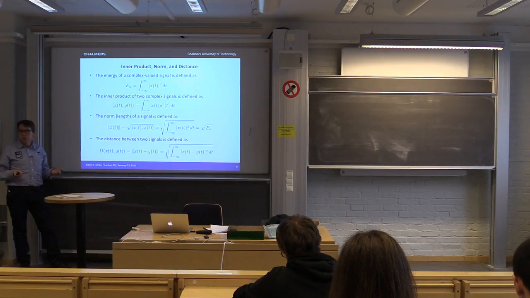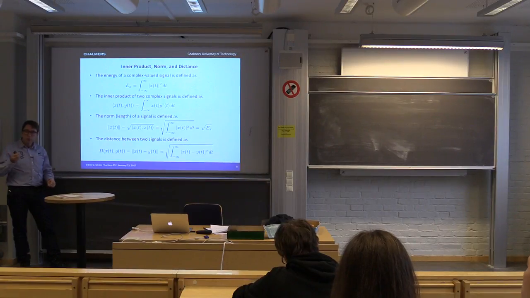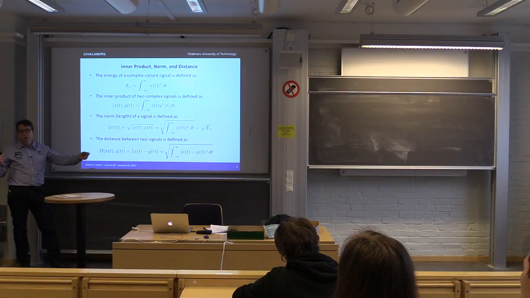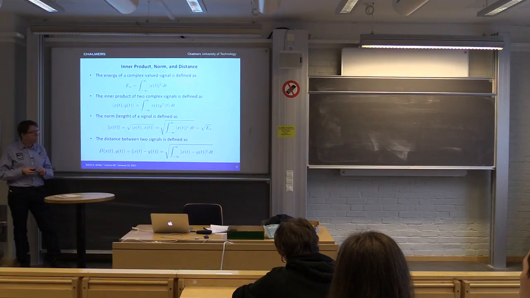It depends on its energy, and the energy depends on the amplitude but also on the duration. A signal with large energy could have high amplitude over a short time or low amplitude over a long time. Those have the same length, the same energy. Of course, high amplitude over a long duration is even higher energy.